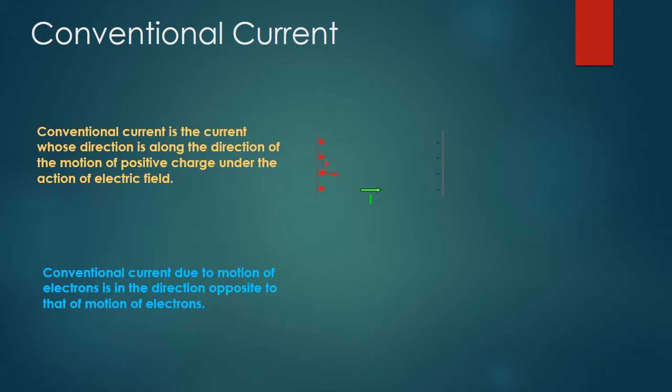moving towards the negative charge, but actually positive charge cannot move. Only negative charge can move, that are the electrons. So electrons are the free charges and they are allowed to move under the action of electric field.